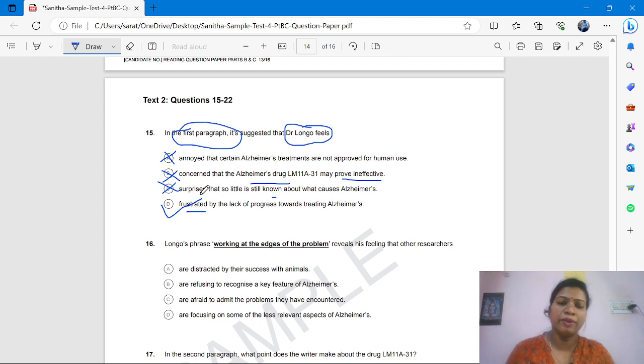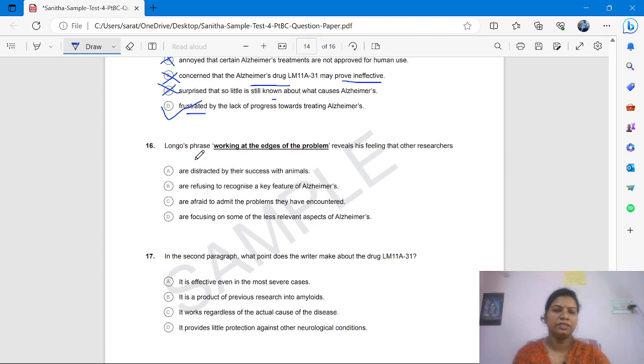Whenever you practice any reading passage, try to find the answer. If your answer is incorrect, find the correct answer and understand why it is correct and why yours is not. Then only can you achieve a minimum of 10 out of 16. So read the question and options correctly and comprehend the meaning. I hope you understood what I am saying. Next, we are going to the next questions.